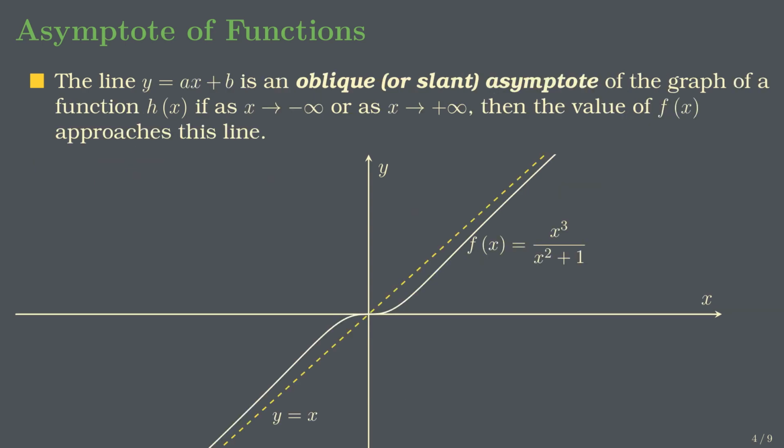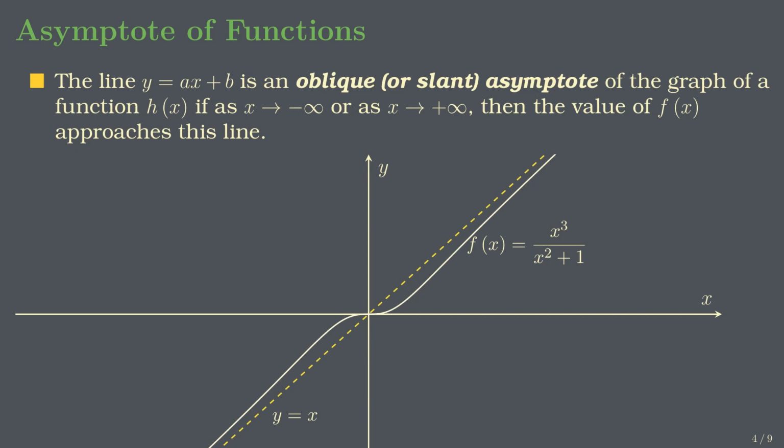The last type of asymptote is called an oblique or slant asymptote, meaning that it is a line that is neither vertical nor horizontal. The same definition applies.